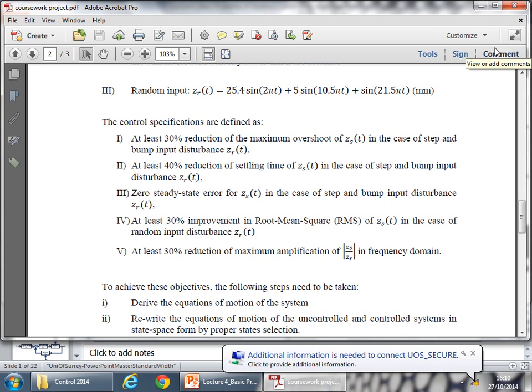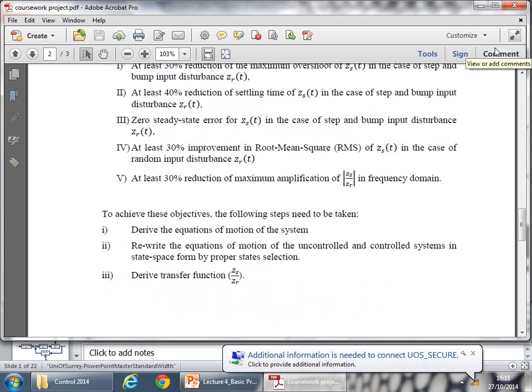You also need to improve the performance of the system by a 30% reduction of the root mean square of signal ZST, and at least 30% reduction of maximum amplification in time domain. To do that, you need to follow these steps.